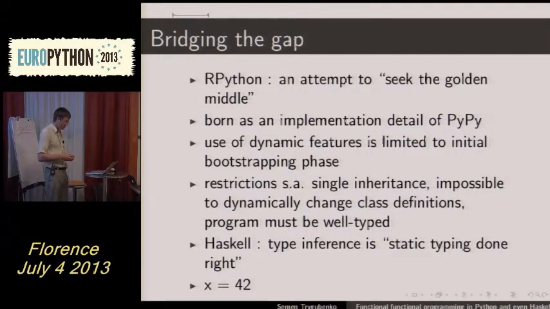And so I'm told the gains are basically down to introducing restrictions such as disallowing multiple inheritance. It's also impossible to change class definitions dynamically, and basically the program must be well typed for it to be an RPython program. And use of dynamic features is confined to the so-called bootstrapping phase. And so this sits somewhere in between.